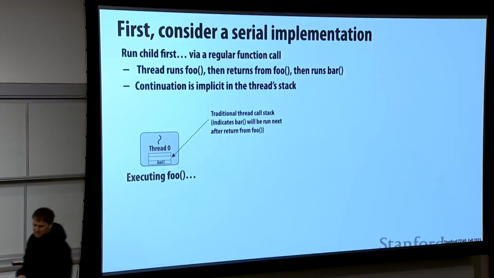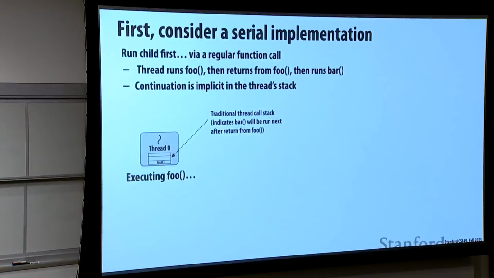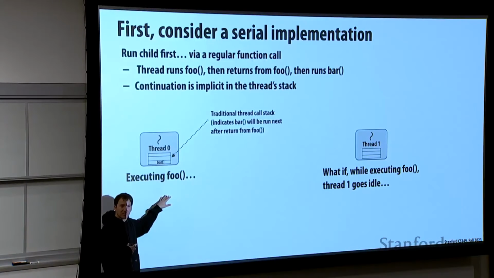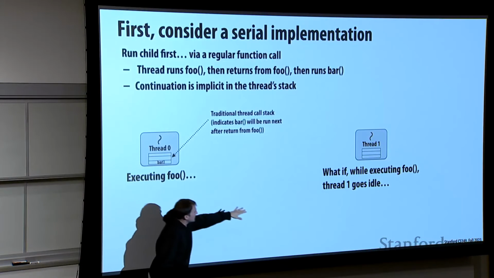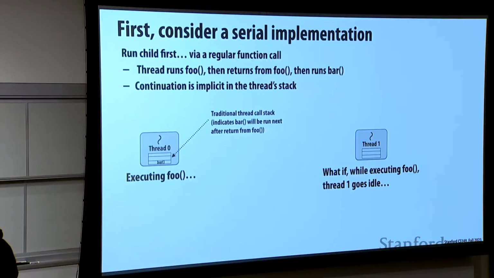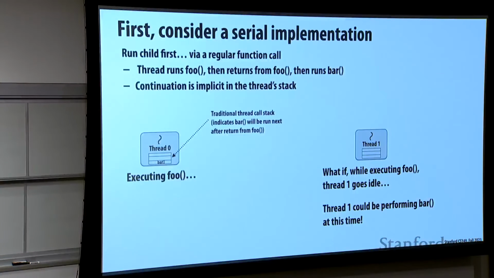That's just how it works. So imagine I'm running foo, which is asynchronous with the caller in Cilk, but my other thread is just idle. So the name of the game here is that thread 1 could be running bar. It could be running the caller.